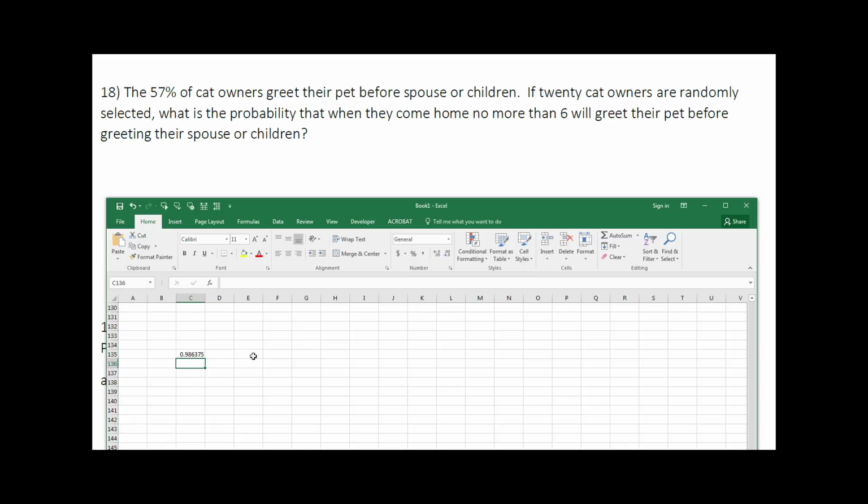And so I get 0.98 for the probability. Okay, sorry, I just caught something just as I was saying it here. No more than 6 means 6 or less. So 6, because it's or less, then I don't need the 1 minus out front. Okay, so there's probability. About, what is that, 1% of the time.